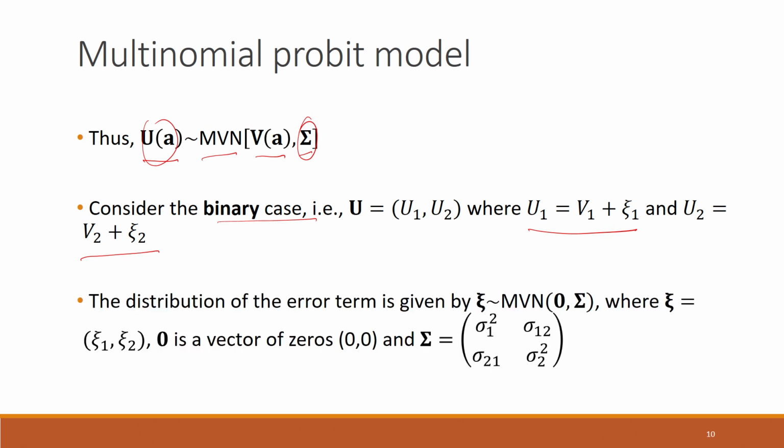Then the distribution of the error term is a multivariate normal distribution, in this case a bivariate normal distribution, where the mean vector is identically equal to 0, 0, and the covariance matrix is the covariance matrix of the error term. Suppose these two error terms of the two alternatives have this as the covariance matrix.